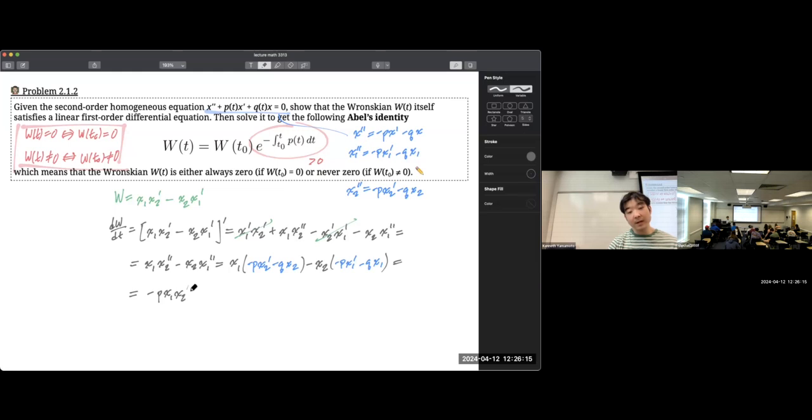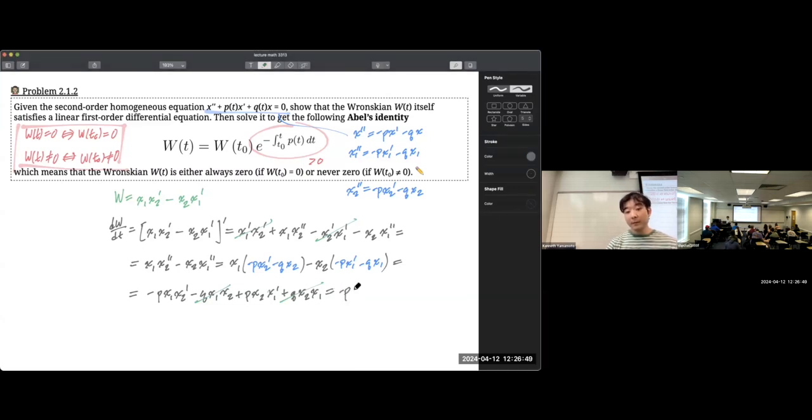This is going to multiply and get you negative q x1 x2. This is going to be plus p x2 x1 prime. This is going to be plus q x2 x1. And then you'll see these two cancel.